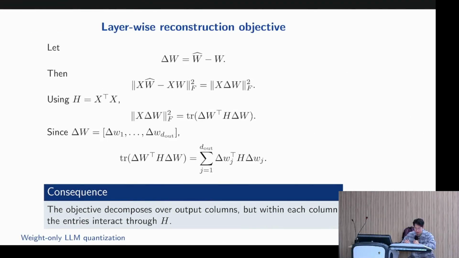Okay, so let's define the difference between the reconstructed version and original version as delta W. So we can rewrite by grouping with x.